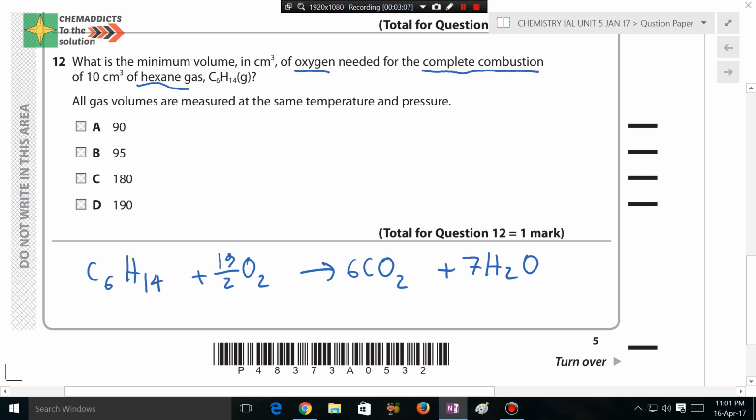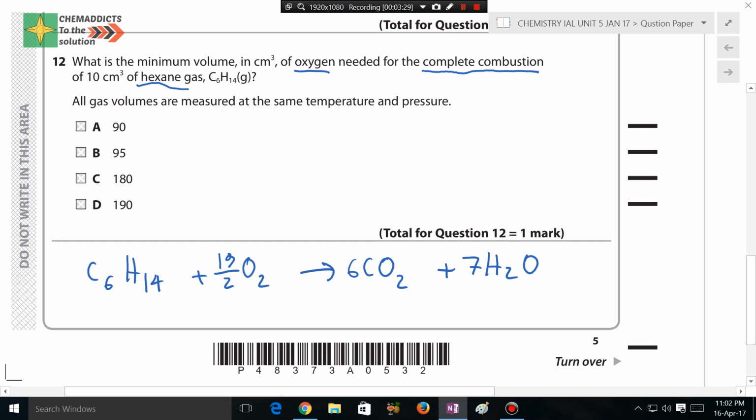So here we place the fraction value, 19 divided by 2. These two cancel out, and we get 19 oxygen over here and 19 oxygen over here. So the whole thing is balanced.